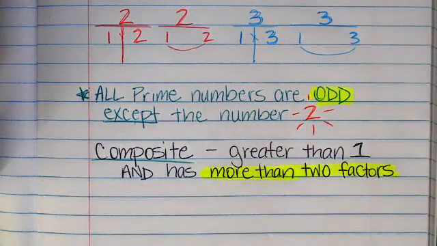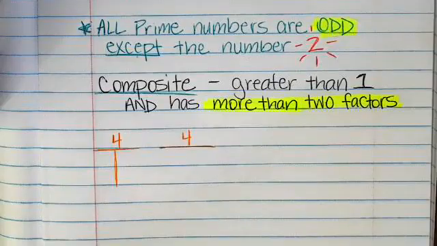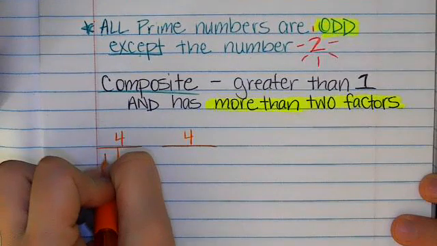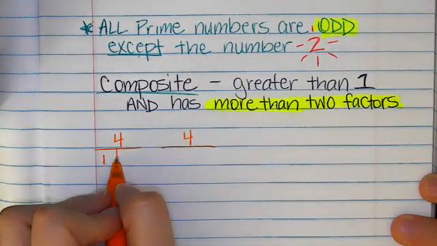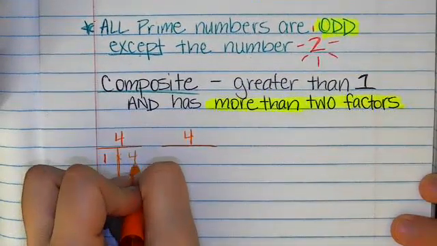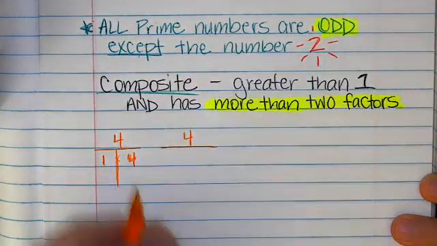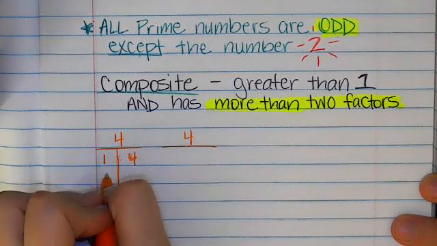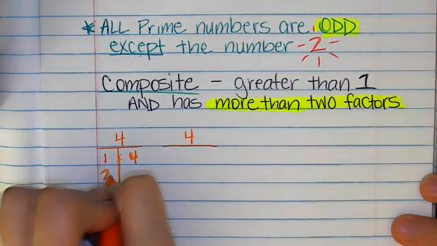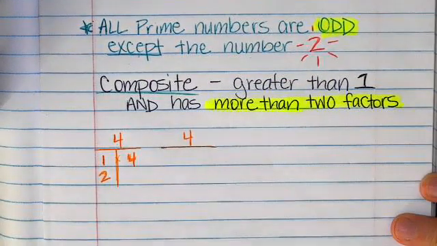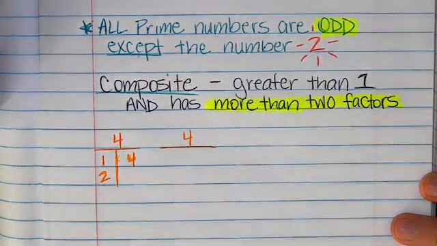So let's look at some examples. We're going to try the number 4. I always start with the first factor, which is 1, and I do 1 times 4, that's the pair, 1 and 4 together, equals 4. Great. Now I will go on to 2. I know that 2 goes into 4 because 4 is an even number, and 2 is a factor of every single even number. Doesn't matter what it is.